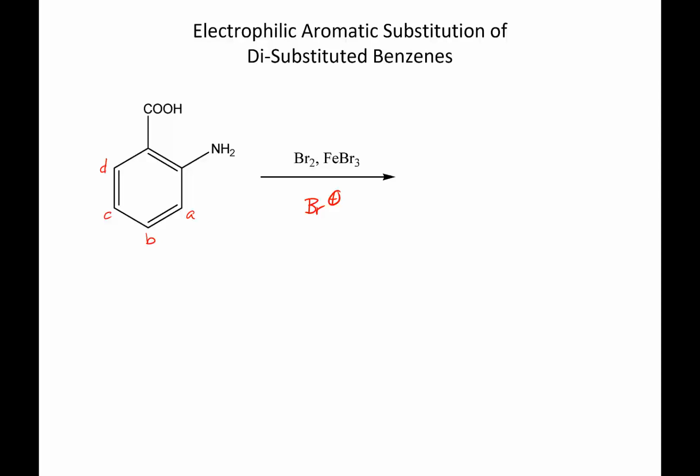The one that's going to be the director is the one that's higher up, has the lower number on our list of groups from 1 to 10. COOH is not number 1, right? NH2 is number 1. So NH2 is going to be our director.